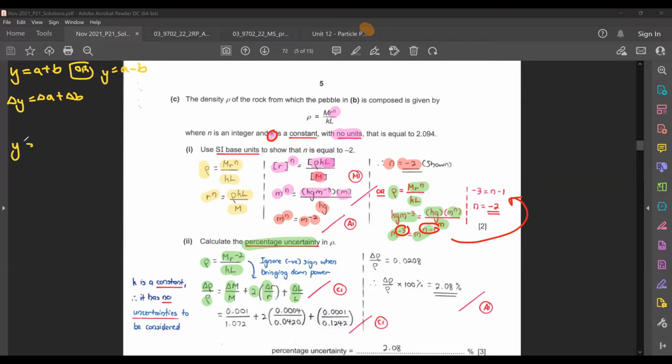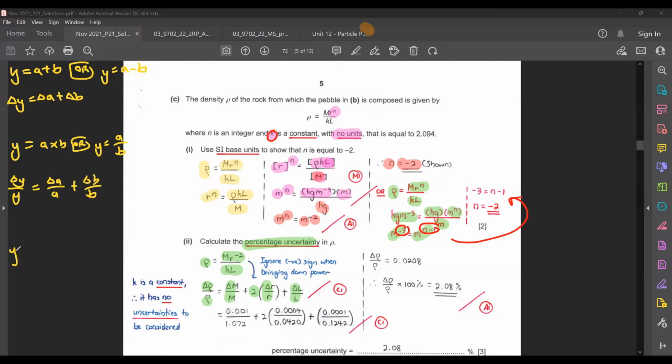If you have y equals to a times b, or y equals to a divided by b, then you're going to get fractional uncertainty of y equals to fractional uncertainty of a plus fractional uncertainty of b.